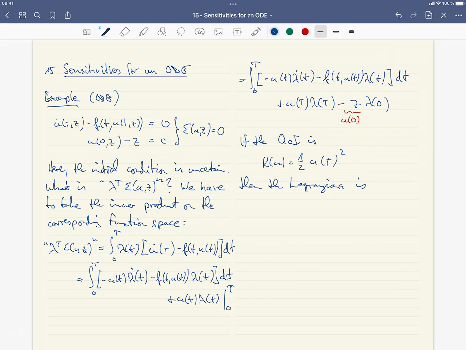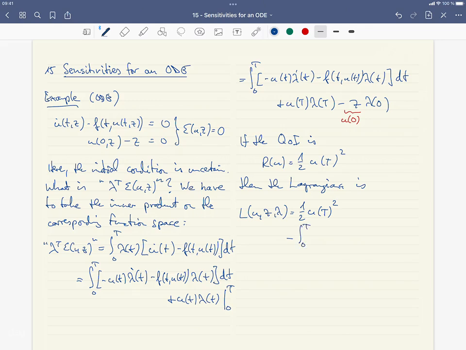And now we can put together the Lagrangian for this problem. So if we take L of u, z, and lambda, u and lambda now being functions, z being a scalar, I have my functional and I'm subtracting my formulation with the integration by parts.